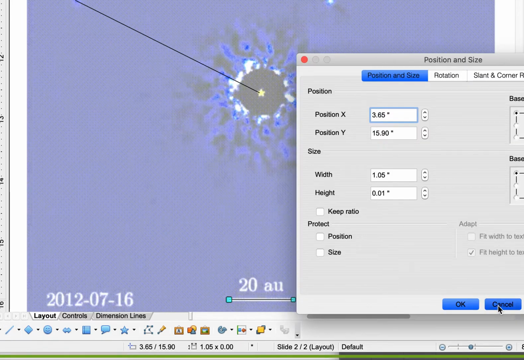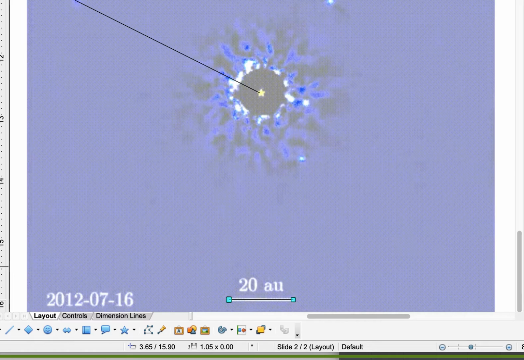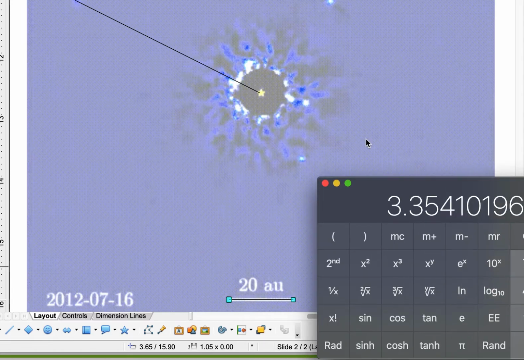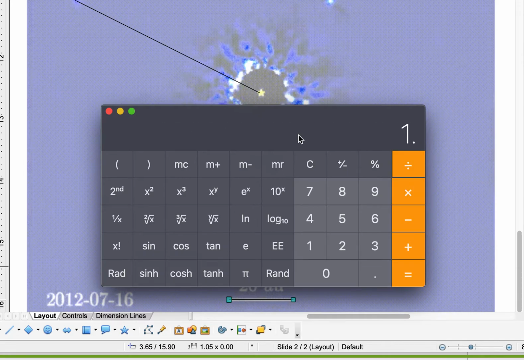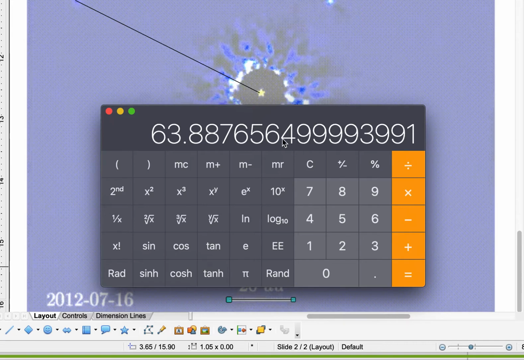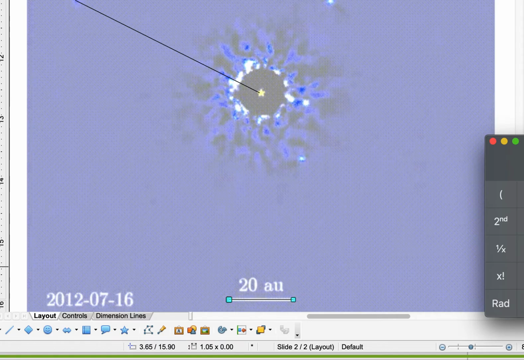That's 1.05 again. So I'm going to take the units of this program and basically just multiply by 20 over 1.05, a little conversion there. It tells me 63.9 this time, whereas before it was 64.0.